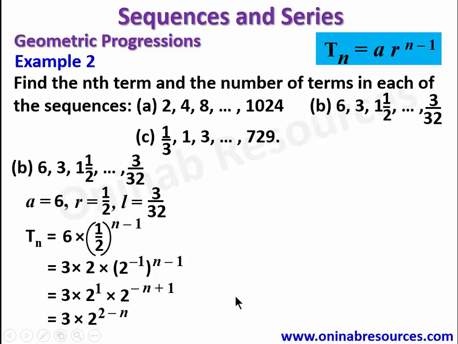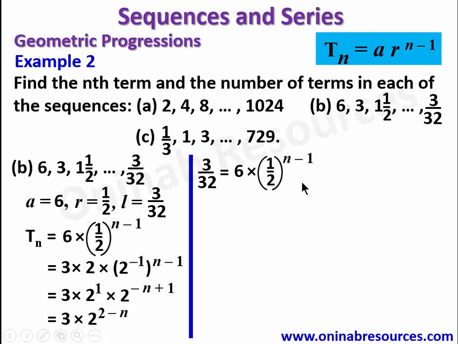We now go ahead to find the number of terms using L equal to r raised to power n minus 1, and our L here, which is the last term, is 3 over 32, equal to our a, which is 6 times 1 over 2 raised to power n minus 1.